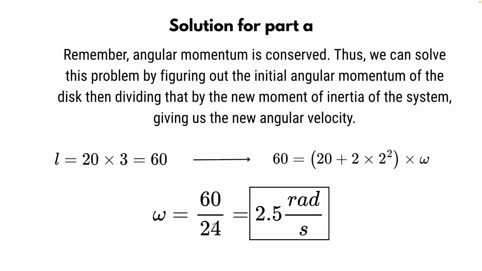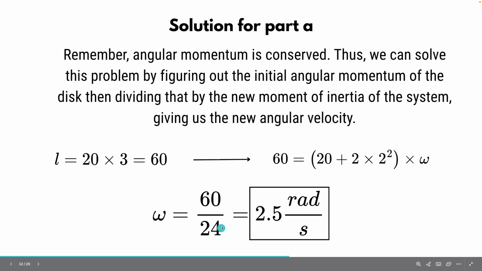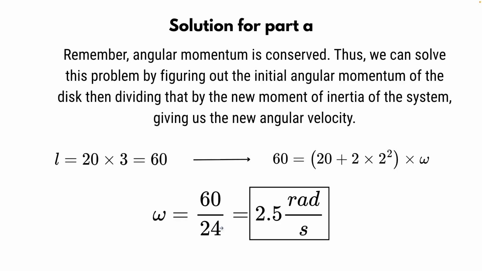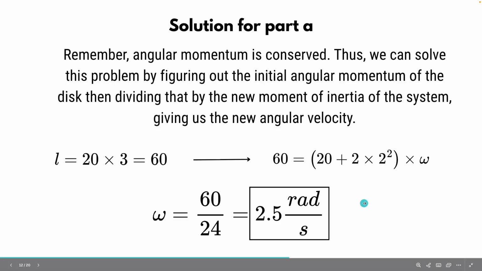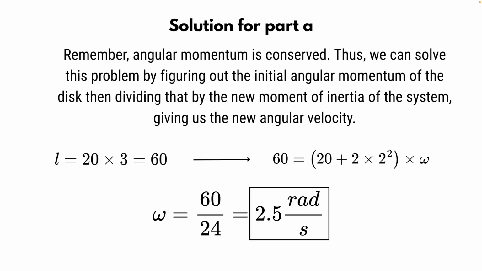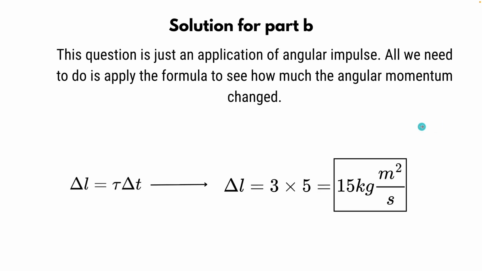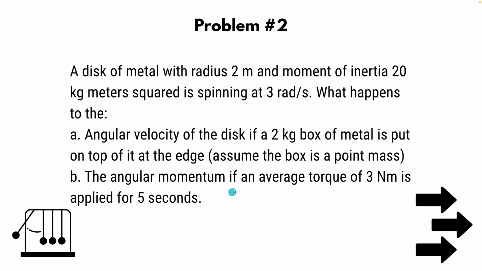We have 60 divided by 28, not 24, and so the answer should actually be 2.14, not 2.5. Okay, let's move on. Then part B, that was a while ago that we mentioned this, so let's go look at it again.